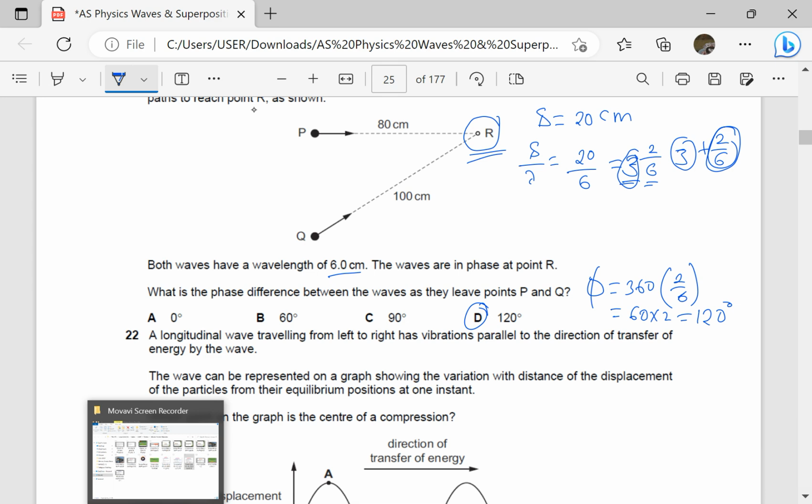But then there is this extra part, which corresponds to the distance out of step of the two waves produced from the two sources. That means I would find the phase from 360 times 2/6, which gives us 120 degrees.